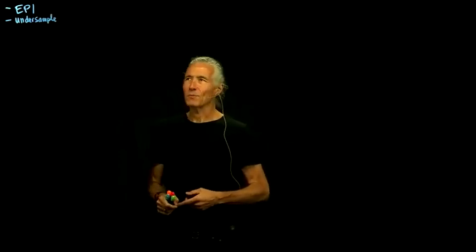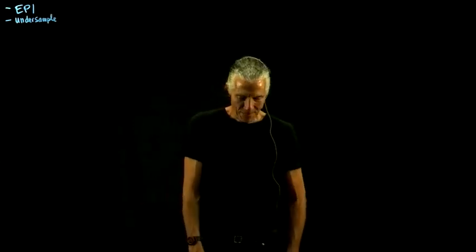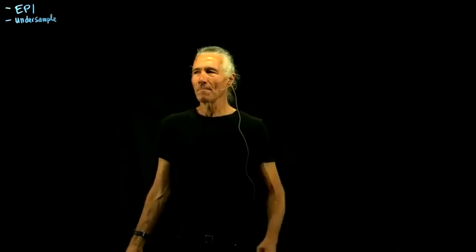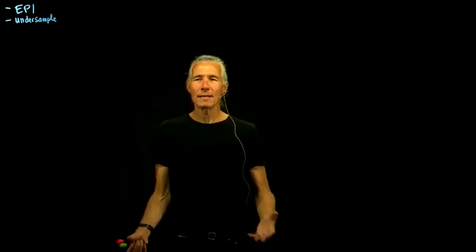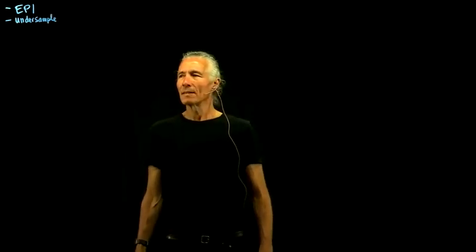So, starting off with Echo-Planar Imaging. The basic idea of Echo-Planar Imaging is very old. It dates back to like 1990 or something like that, when people first thought about doing it.